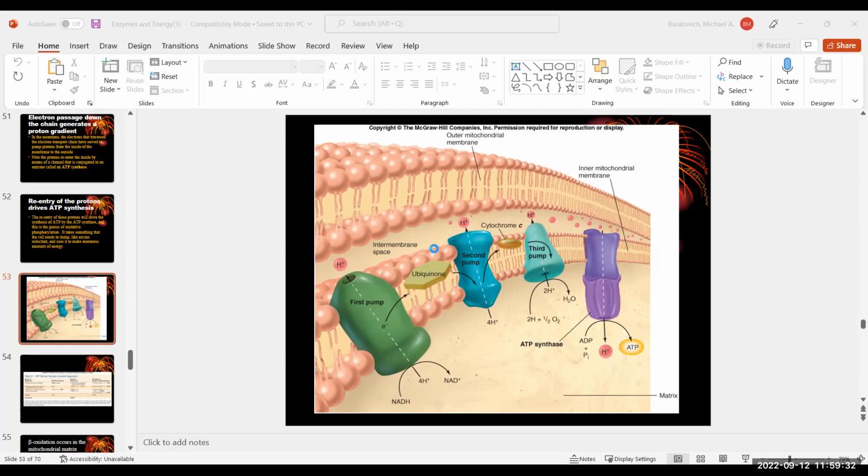So that's how you break down glucose. What about fatty acids? Fatty acids are admitted into the mitochondrion and they're linked to coenzyme A. And then they're broken down 2 carbons at a time into acetyl coenzyme A. That process is called beta oxidation.